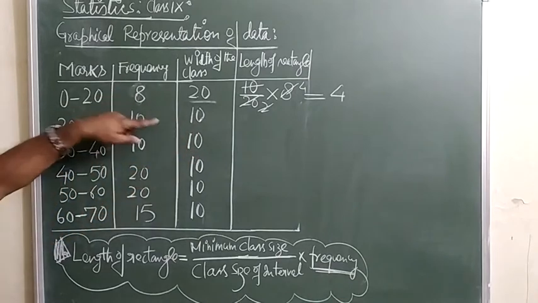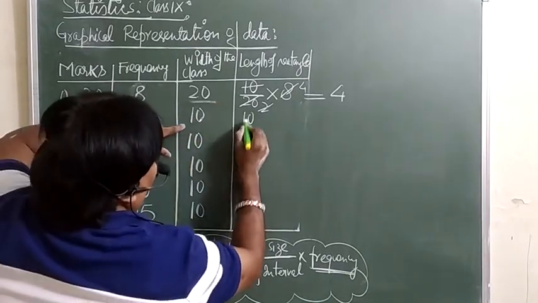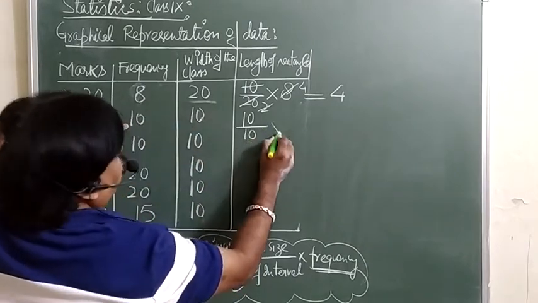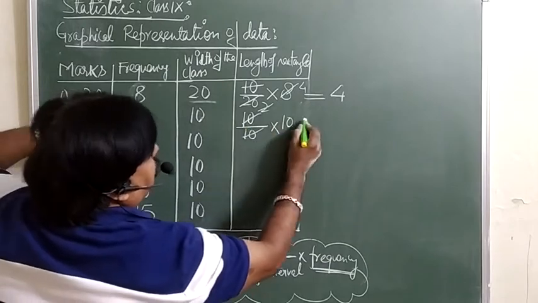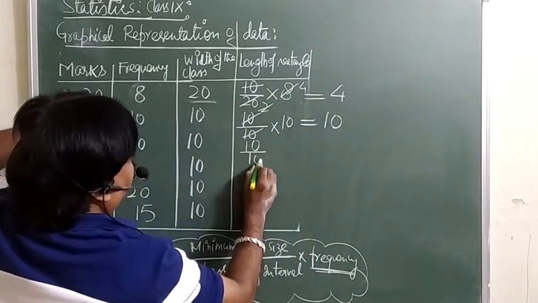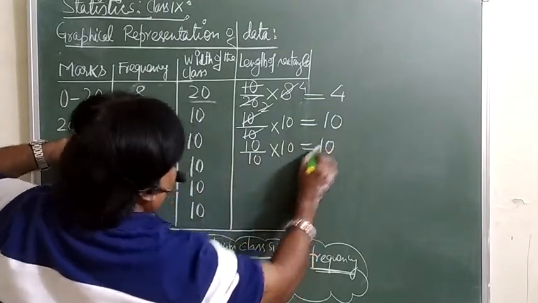Similarly here, the minimum class size is already 10, over the difference 10, into frequency, which is also 10. You can cancel, so this is 10.